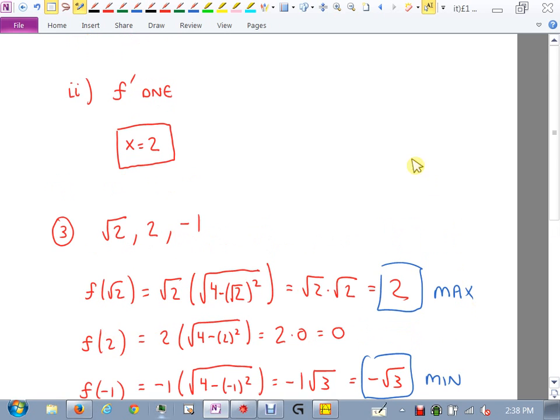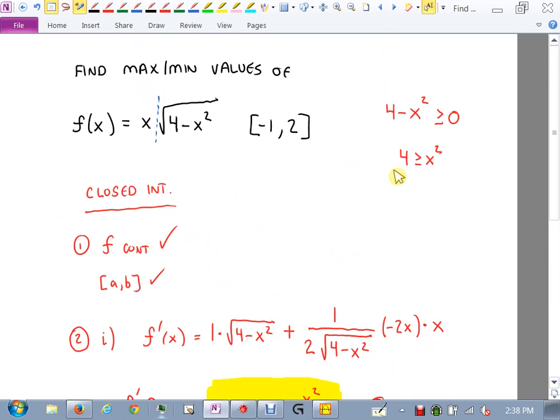If you go back to our interval between negative 1 and 2, here's negative 1, here's 2 on our number line, right? Negative square root of 2 is approximately negative 1.414, which would be somewhere over here, outside the interval. So that's why we threw that one out.